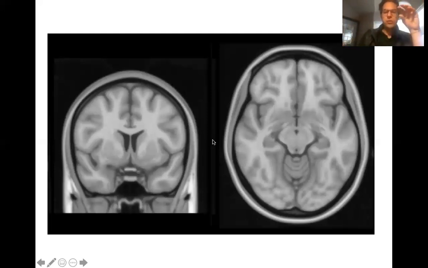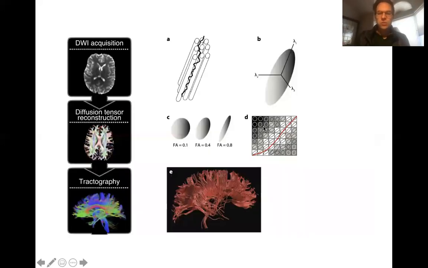But the normal structural imaging that we do isn't sensitive to these fibers at all. So we use manipulations of the magnetic field in a different way to reveal the details of white matter structure, which we call diffusion weighted imaging.